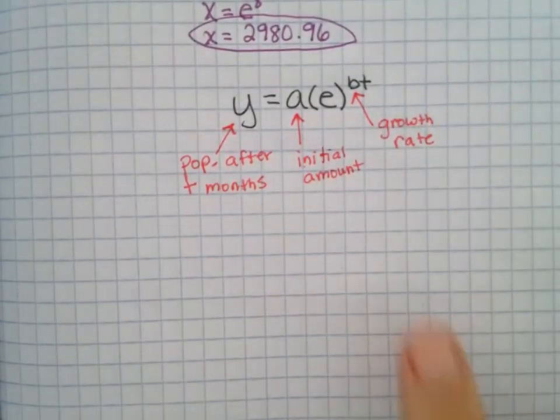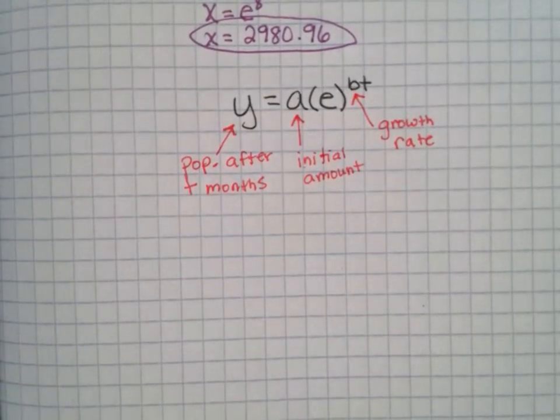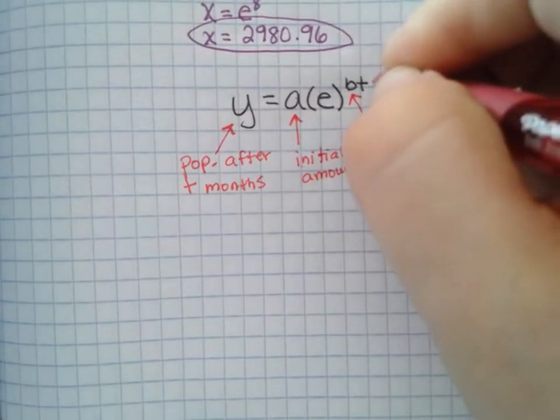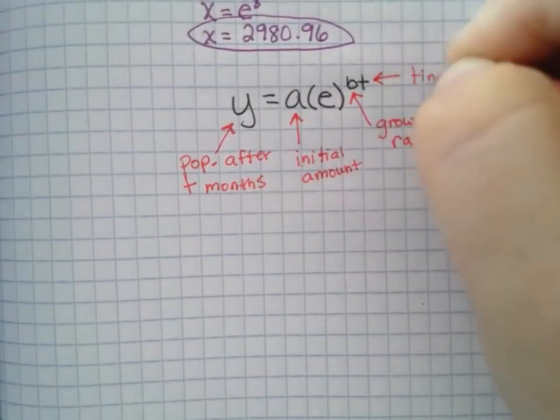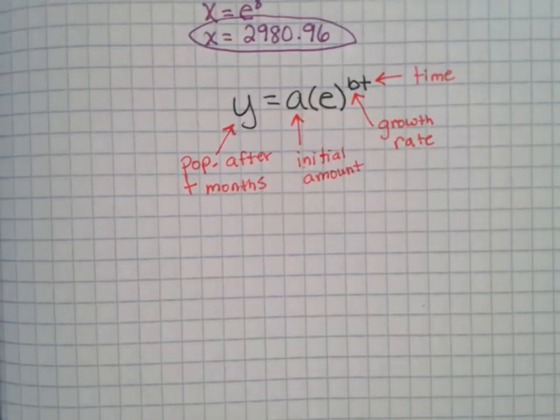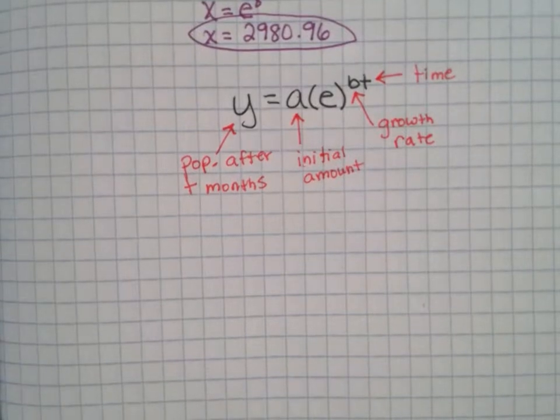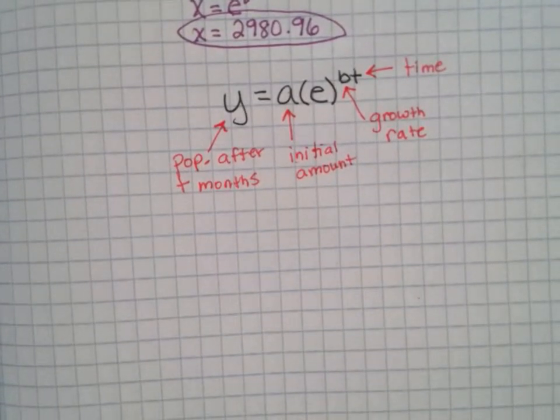In the problem we're about to do, that's going to be our growth rate. And t was time. Very good. So months, seconds, years, whatever the unit is in the problem. b is growth rate. b as in boy.